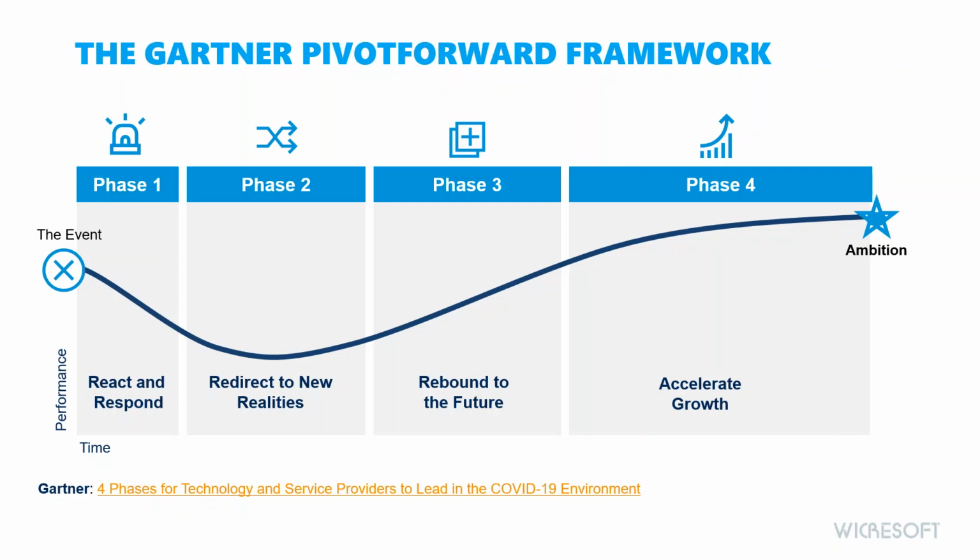And really all Gartner has said in this framework, which is more comprehensive than I'm doing it justice, is plan these phases. Don't think of it as just one thing, one reality. So I think with most firms now being in either phase 2 or phase 3, this is a good time to use lean portfolio management as part of your plan to get back as soon as possible and as healthy as possible.